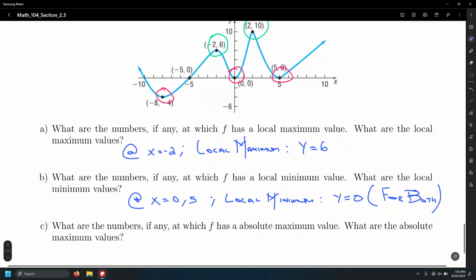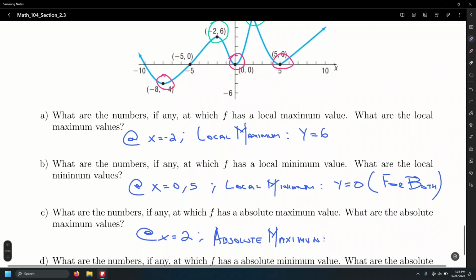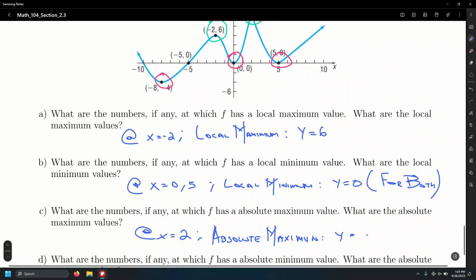Now let's look at the absolute values. What are the numbers, if any, at which f has an absolute maximum? What value of x? 2. So that's at x equals 2. And the absolute maximum, not a local one, will be y equals 10 in this case.